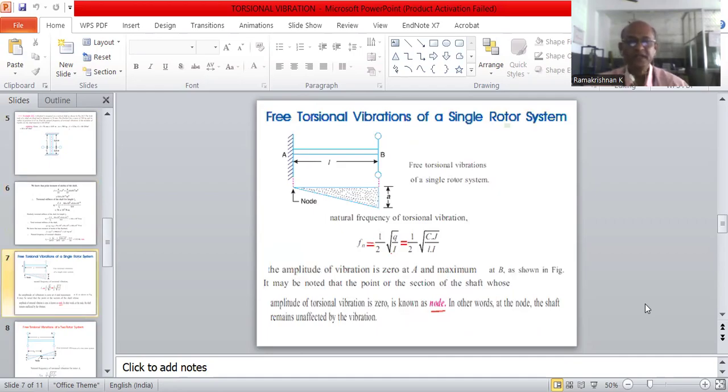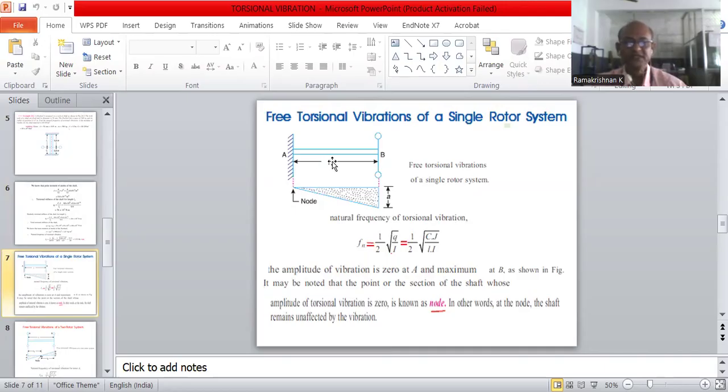Now, the next case is the frequency of free torsional vibration of a single rotor system. In our engineering application, the shaft may be assembled with many rotating elements like pulley, sprocket, gears, etc., which can generally be termed rotor.